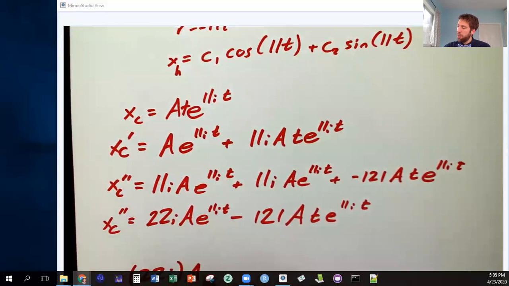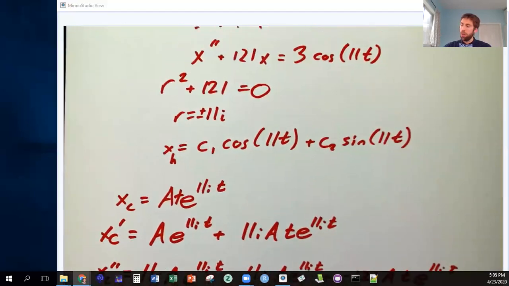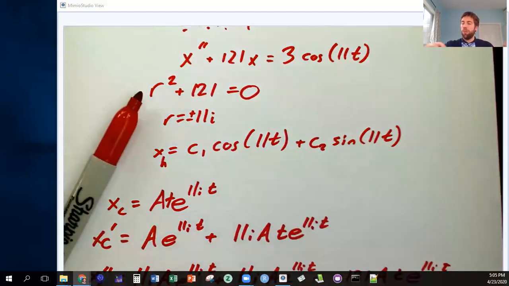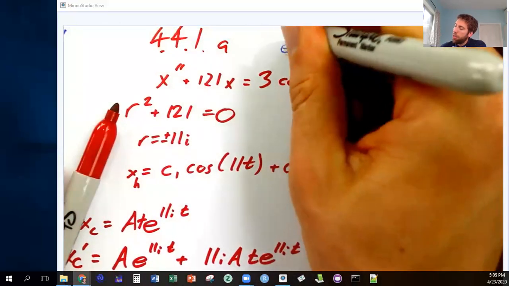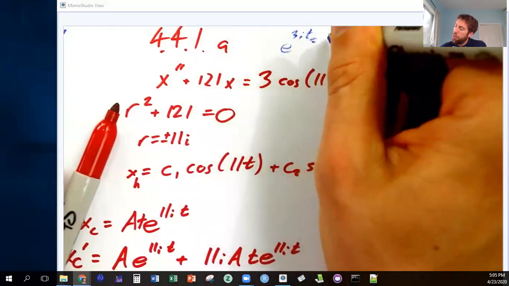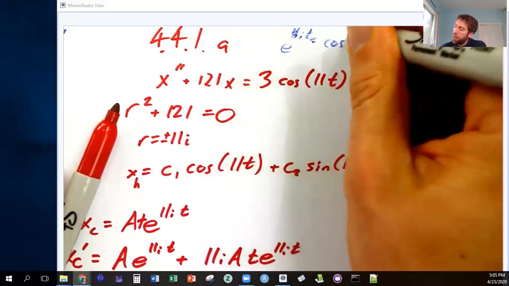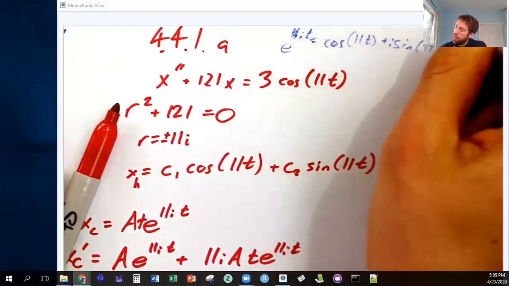A e to the 11it equals 3 e to the 11it. And I'm not using the cosine, I'm just thinking, well, the cosine is the real part of something like e to the 11it equals cosine 11t plus i sine 11t.